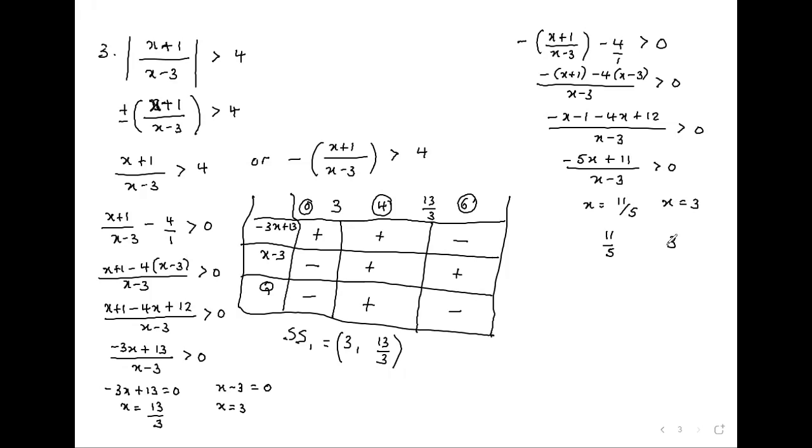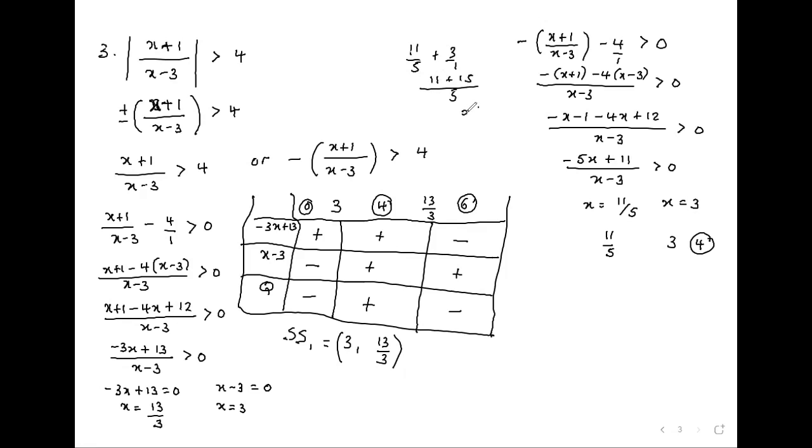A number bigger than 3 can be 4. A number in between 11 over 5 and 3, you have to be a bit careful. So what we do is we just add the two numbers: 11 over 5 plus 3 over 1. We get 5 down, 11 plus 15.